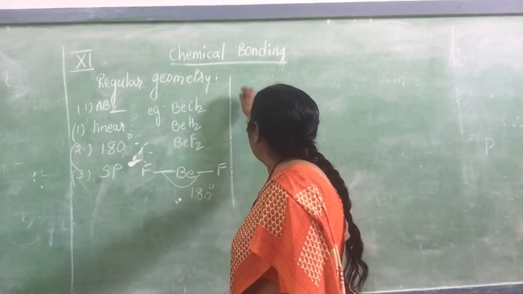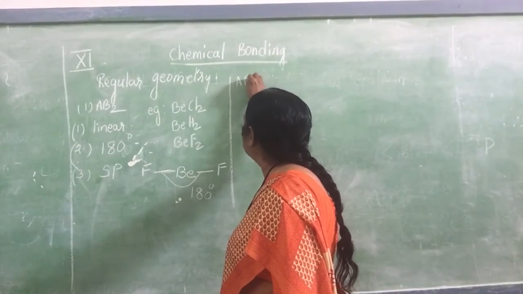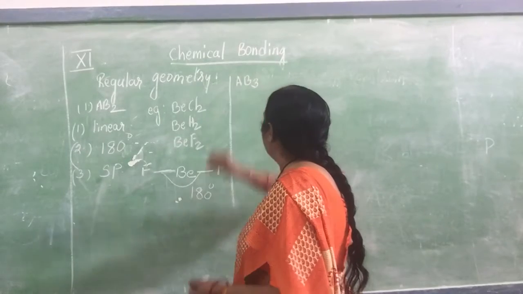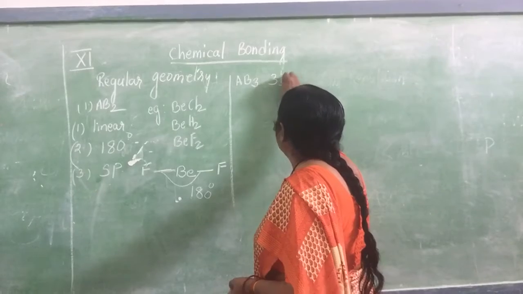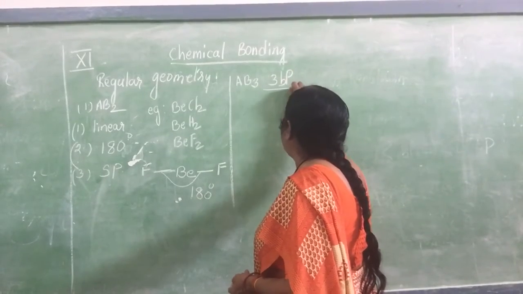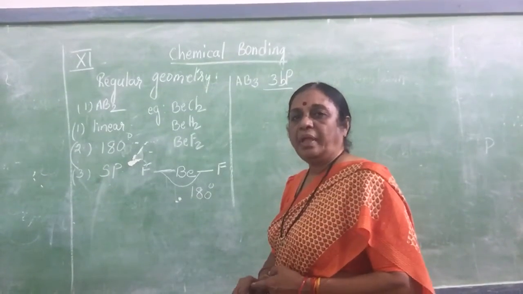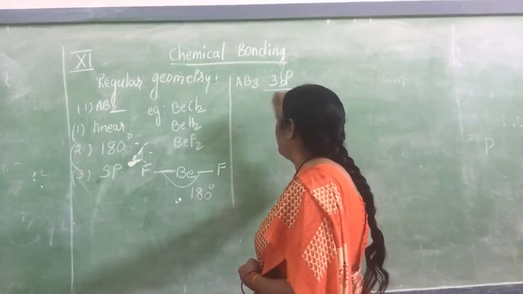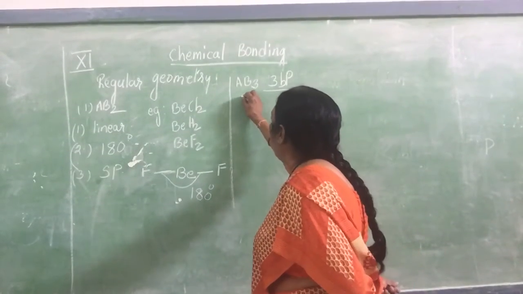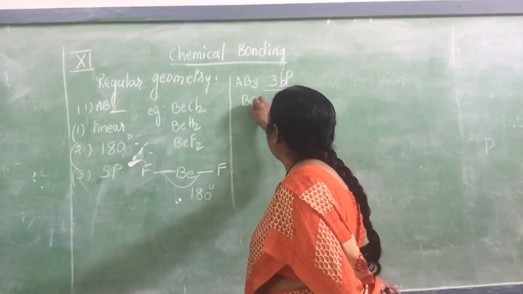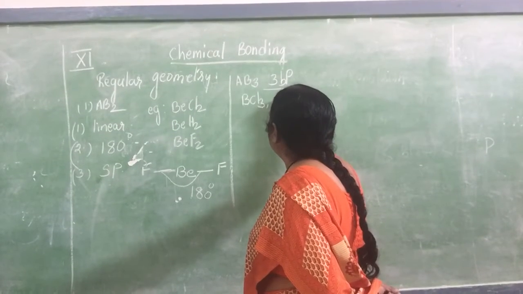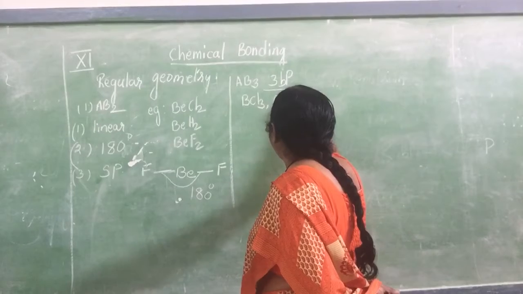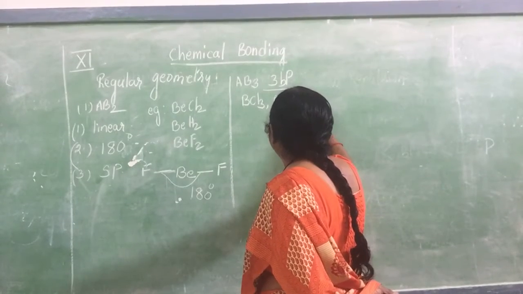AB2 molecule. Now let us start. The next molecule is AB3. AB3 means 3 BP, 3 bond pairs. Examples are BCl3, BF3 and BH3.